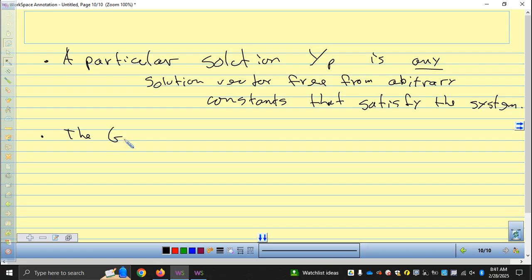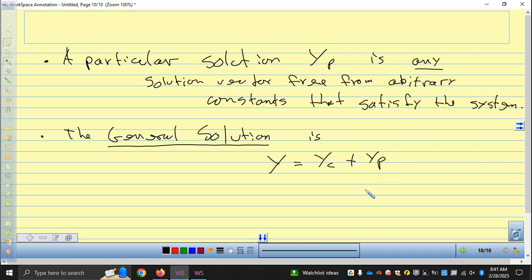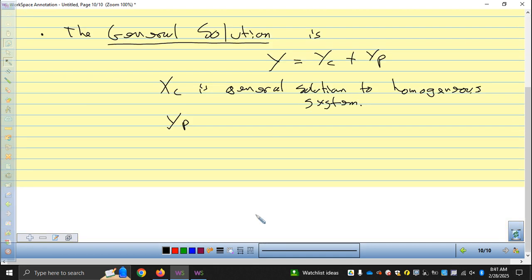The general solution is y equals y sub c plus y sub p, where y sub c is the general solution to the homogeneous system, and y sub p is a particular solution to the non-homogeneous system.